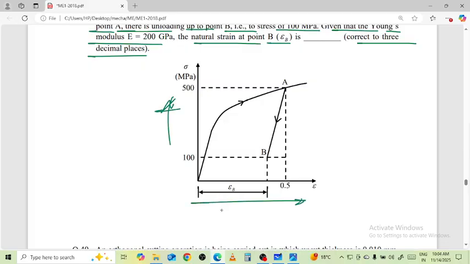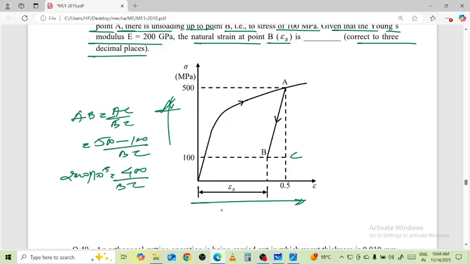So here stress strain दिया हुआ है A से B, B से C से D. तो अगर आपको दिख रहा है, ये बी सी 0.5। epsilon B कैलकुलेट करना है तो 0.5 से नीचे होगा, इतना तो कंफर्मेशन हो गया. बाकी वैल्यू आपके स्लोप से निकल जाएगी. 500 minus 100 by BC equals 200 times 10 to the 3, so 400 by BC.